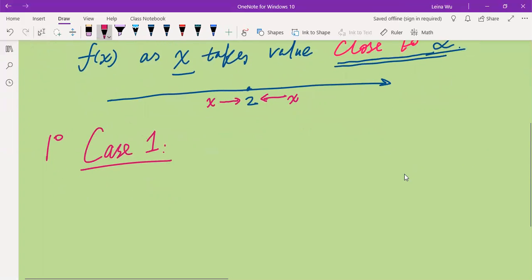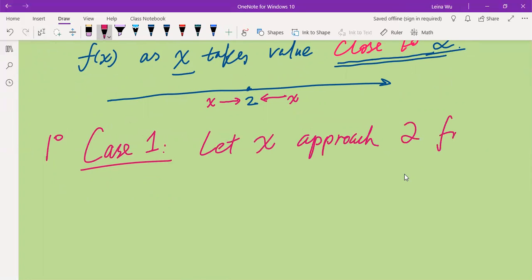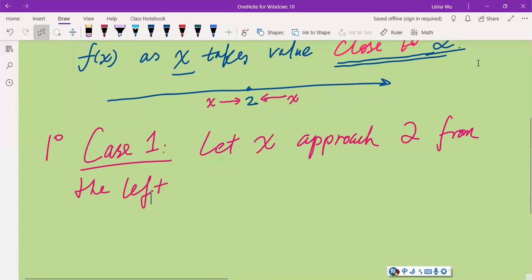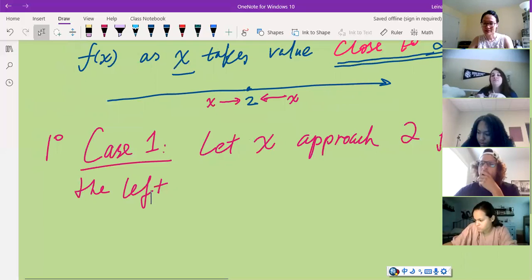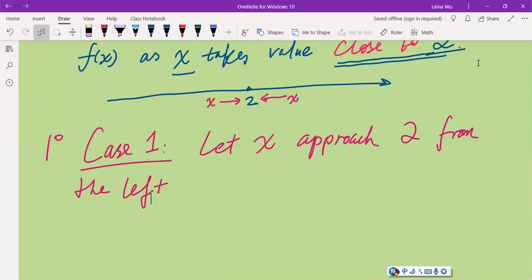Case 1 is when x approaches 2 from the left. So we're going to put some notation over here. When we say x approaches 2 from the left, those x's are actually smaller than 2.